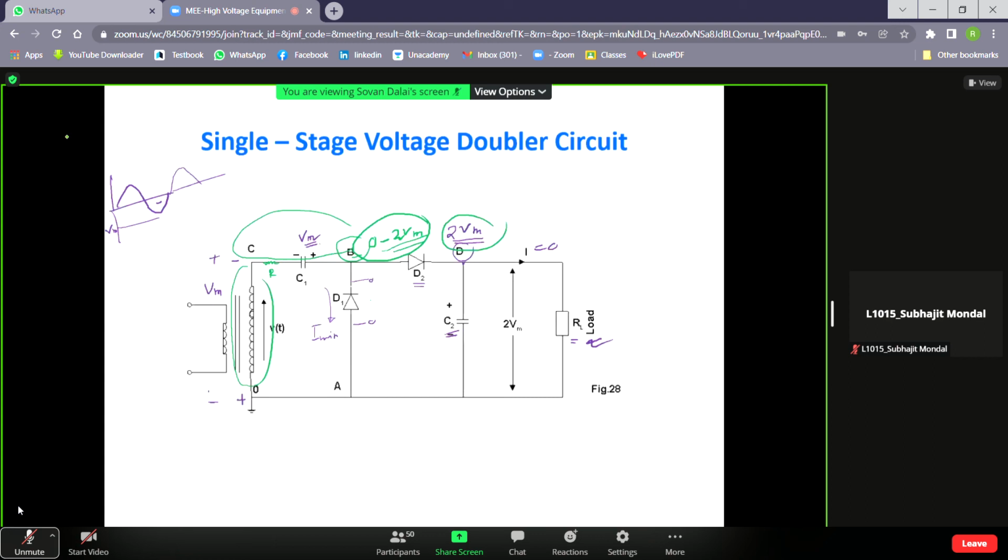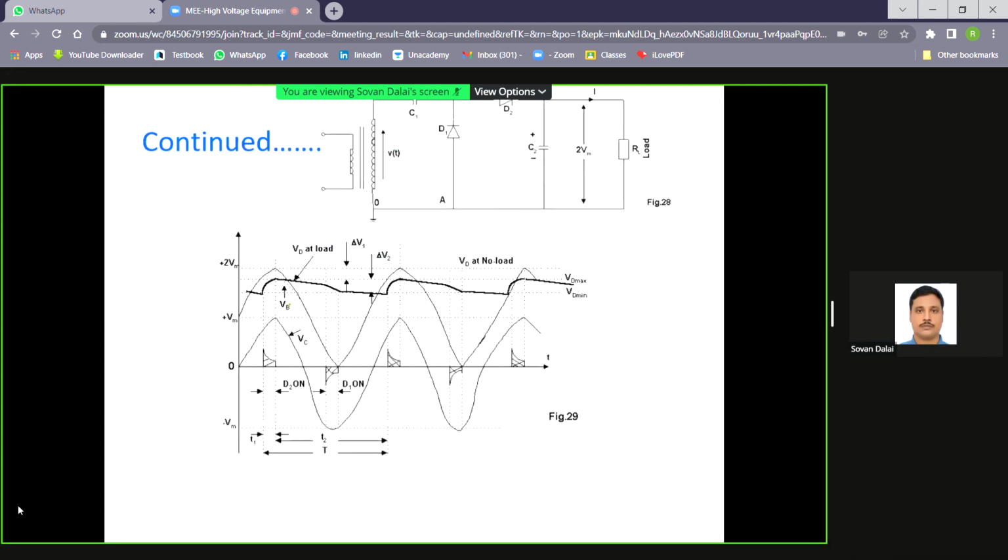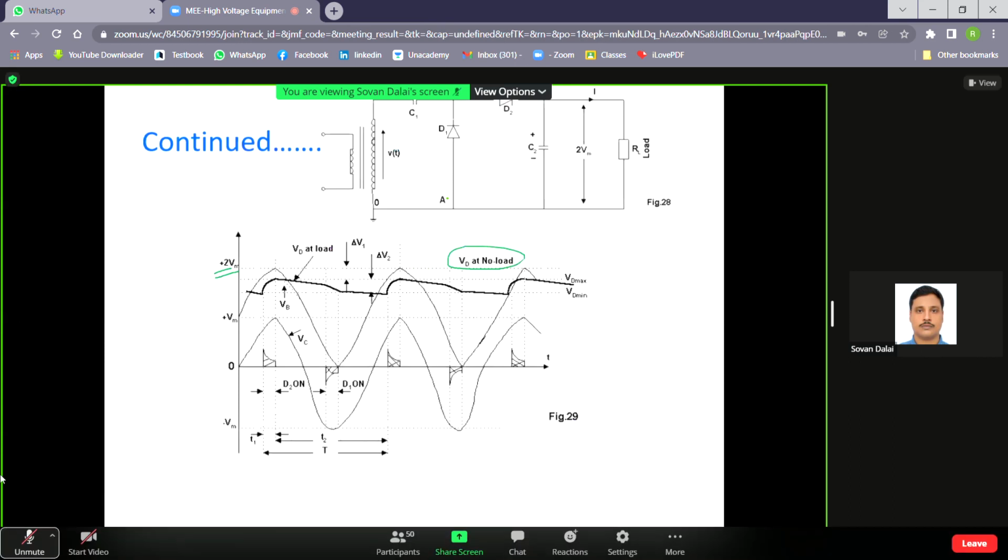Now I am showing one graph. This is basically the VD at no load, that is twice Vm. Okay, but when you connect the load, what will happen?